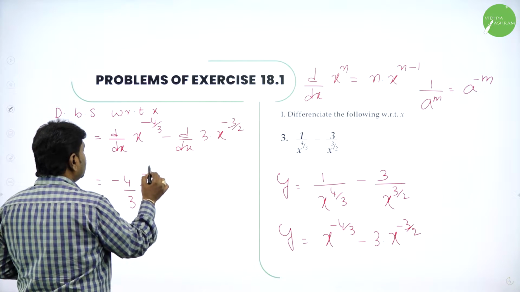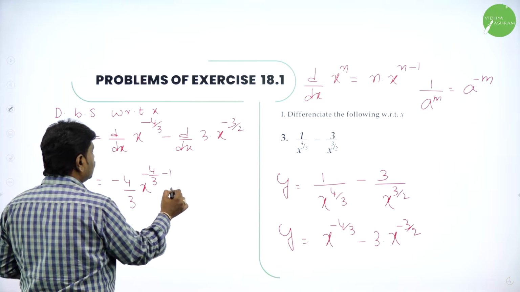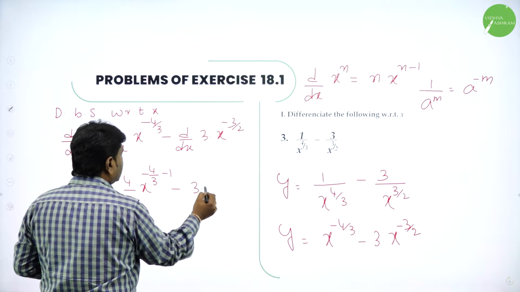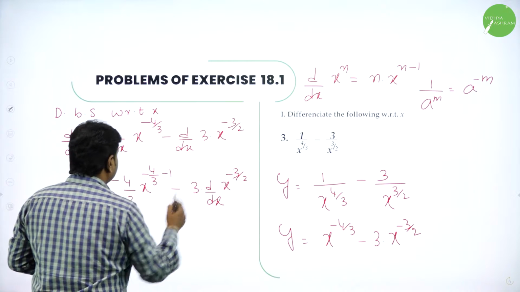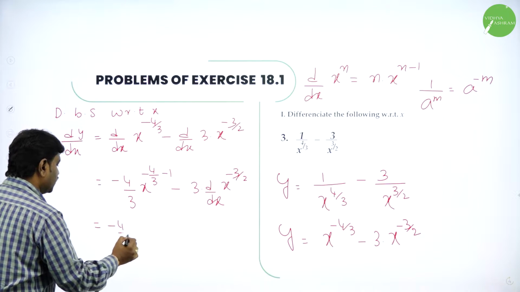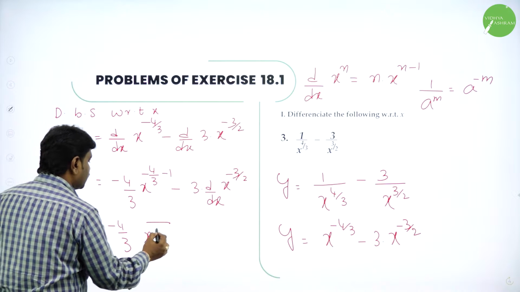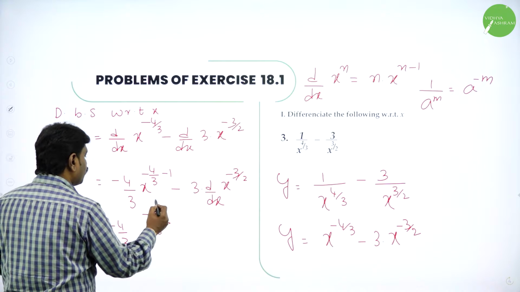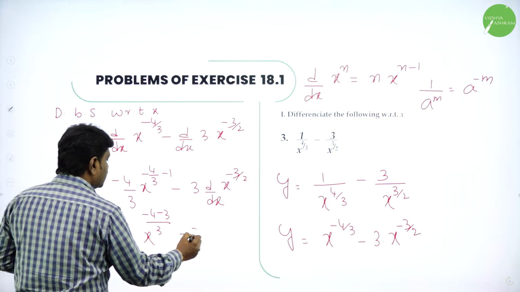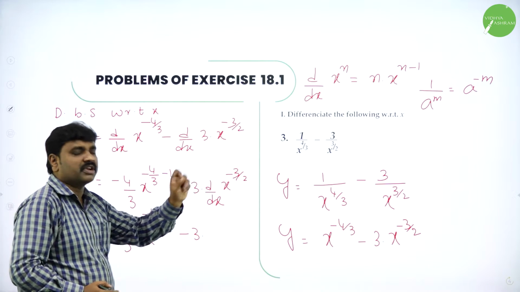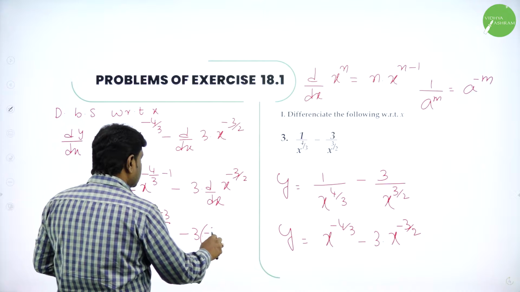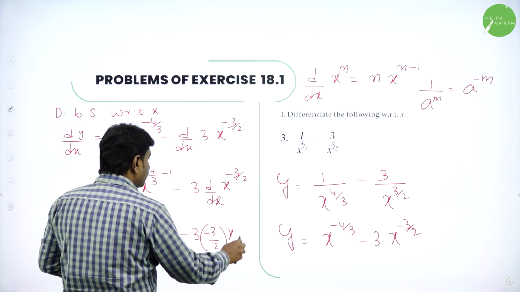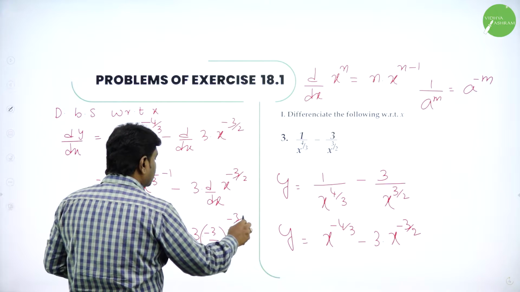Minus 4 by 3, x power minus 4 by 3 minus 1 minus 3 is constant, take it out, apply d by dx for what? X power minus 3 by 2. That is minus 4 by 3 x power, take LCM, 3 is the LCM, minus 4 minus 3 minus 3 into, again it is in the form x power n. What is derivative of x power n? N into x power n minus 1. So minus 3 by 2 into x power minus 3 by 2 minus 1.